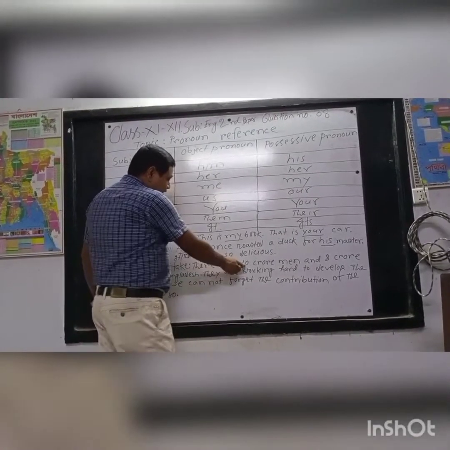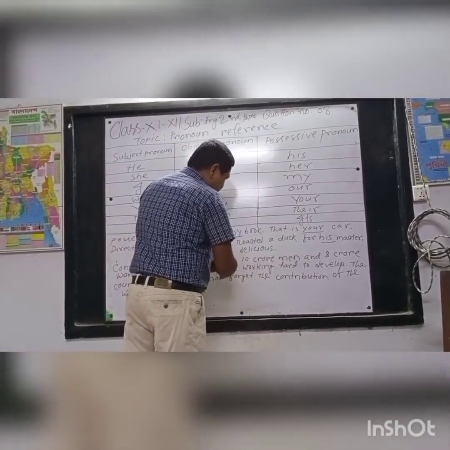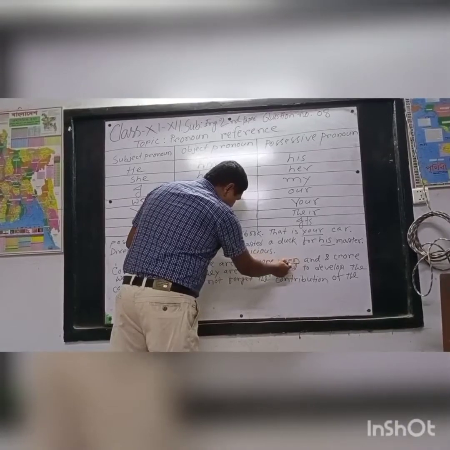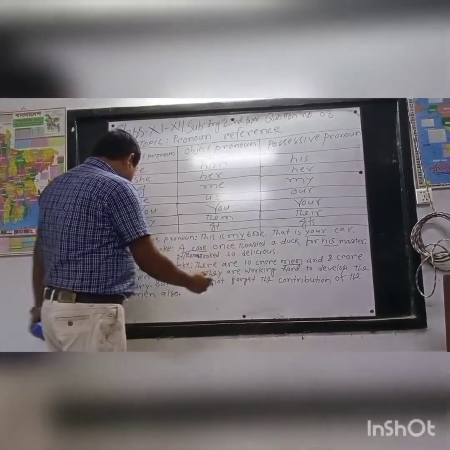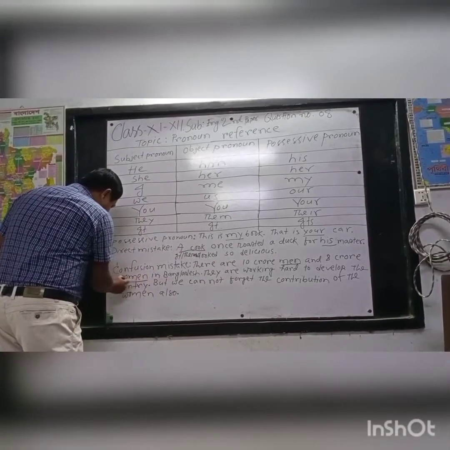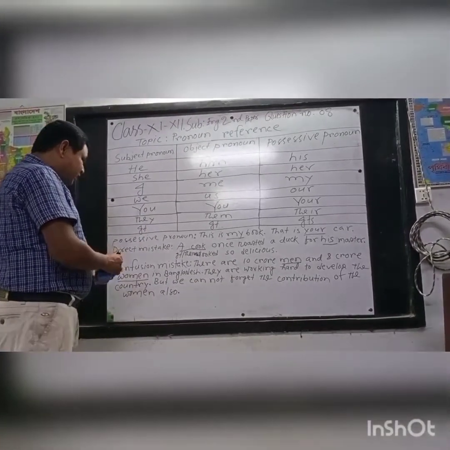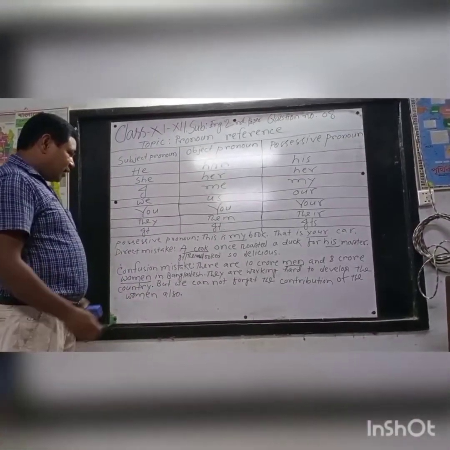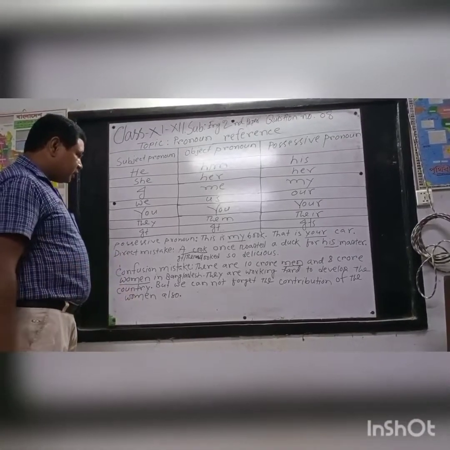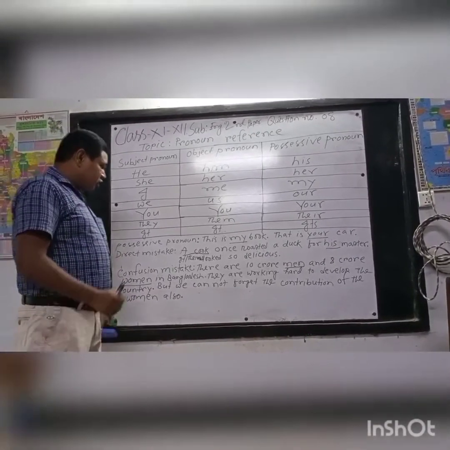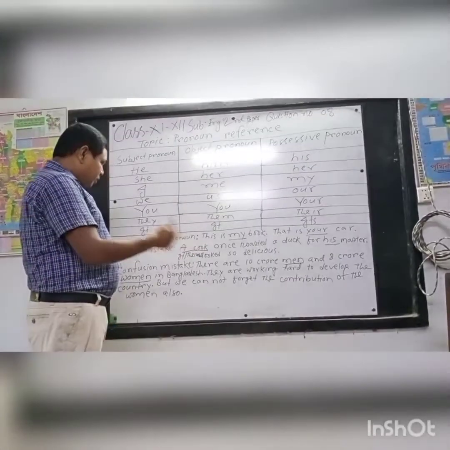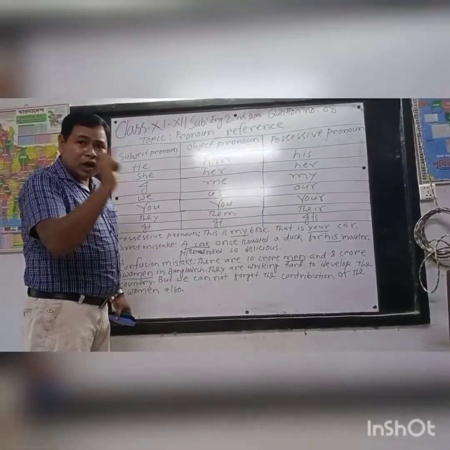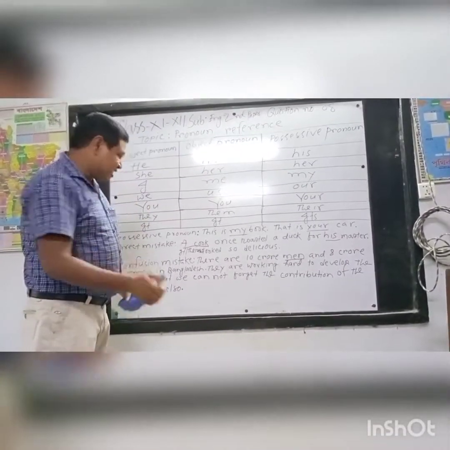there are 10 crore men and 8 crore women. So these are nouns. I have already told that in case of confusion pronouns, there will be two nouns in the previous sentences for one pronoun in the next sentences.